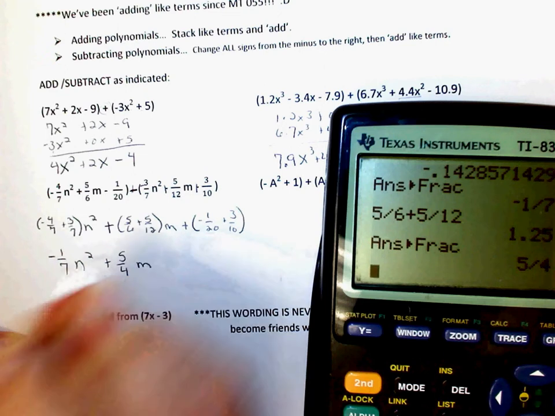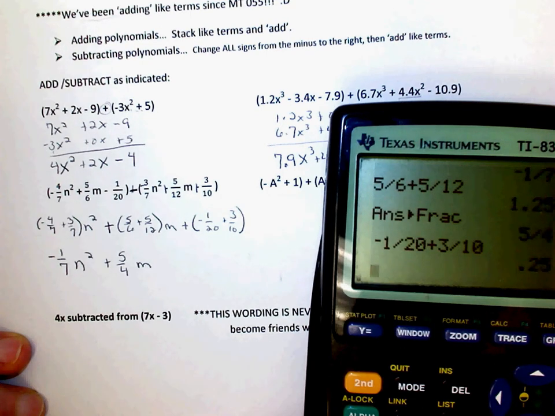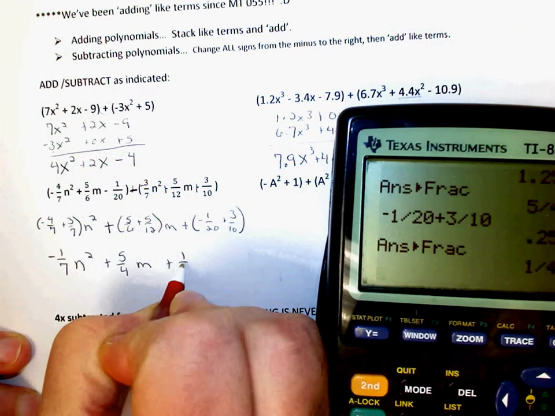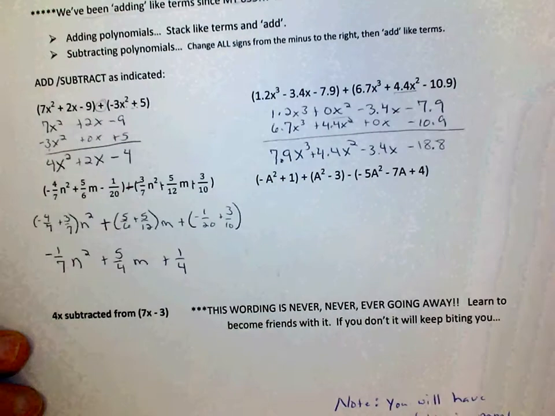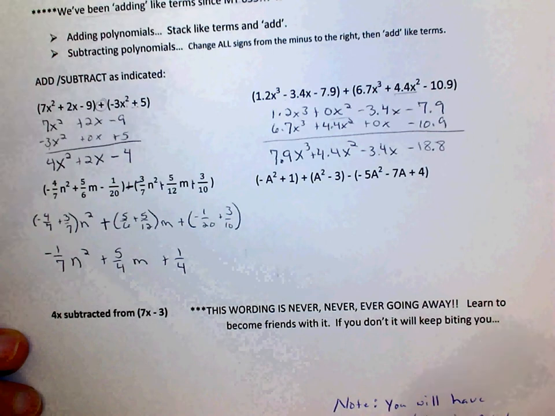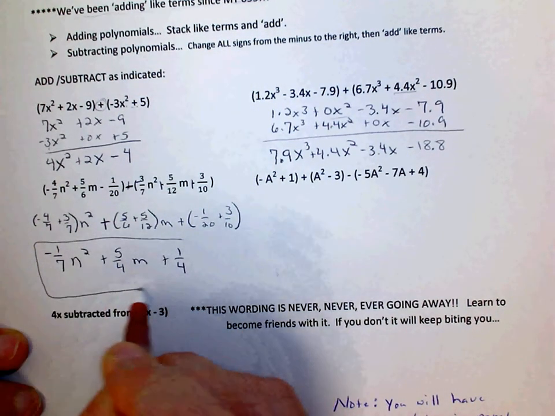Now negative 1 divided by 20 plus 3 divided by 10 is 0.25. Math, enter, enter. So plus 1/4. Now ain't that a hairy bunch of mess? But using that shortcut makes this a whole lot nicer.